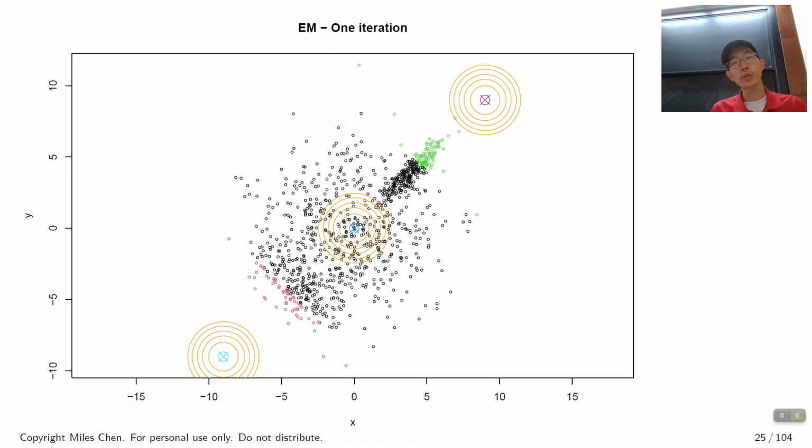One thing to note, when I color these in, the points get colored in as either green or black or red. Now, this is a little bit of a lie in that these points right on the border are probably 51% green, 49% black. And these points over here are 51% black, 49% green.